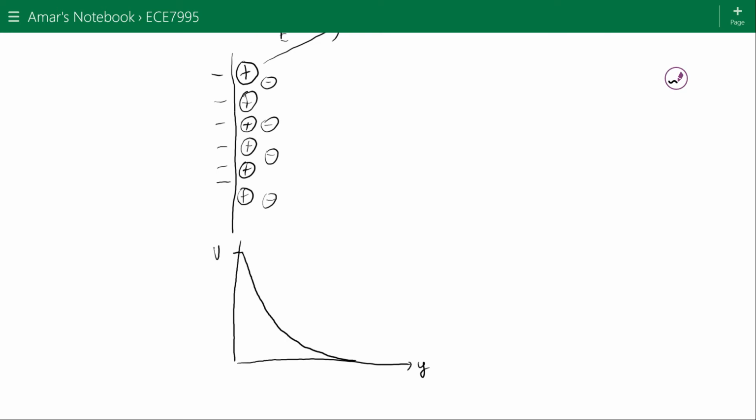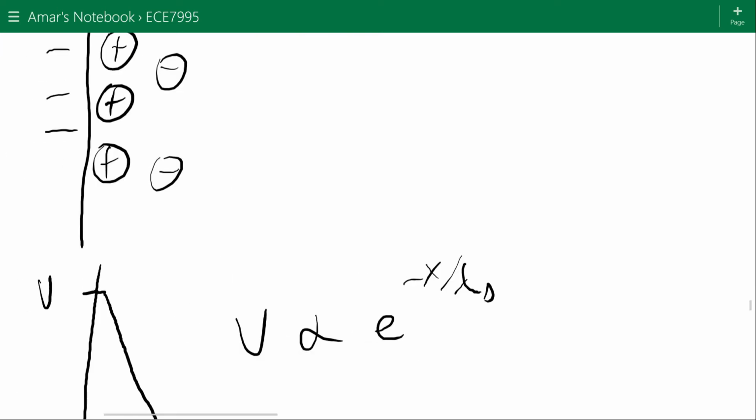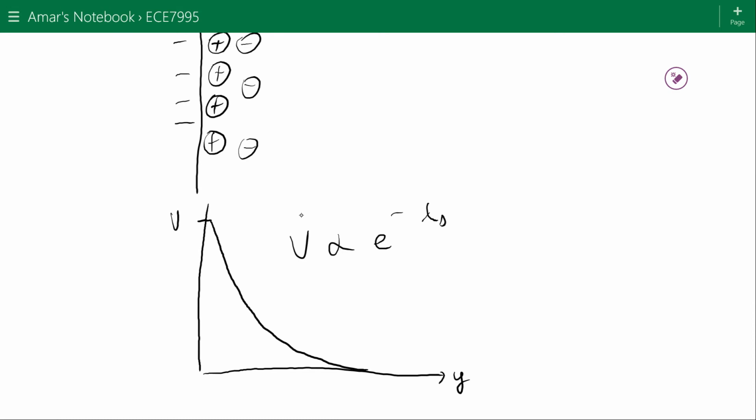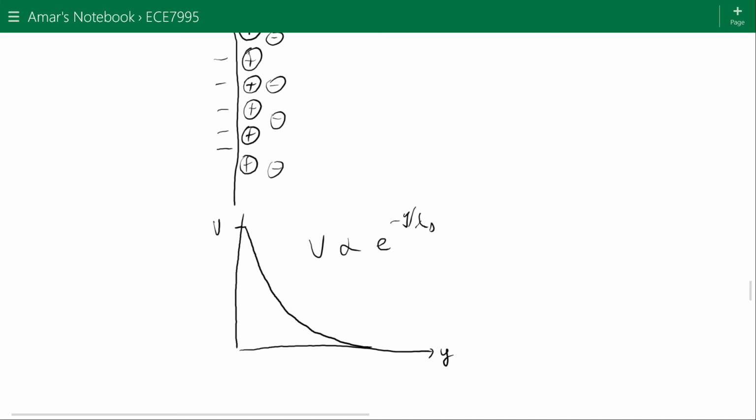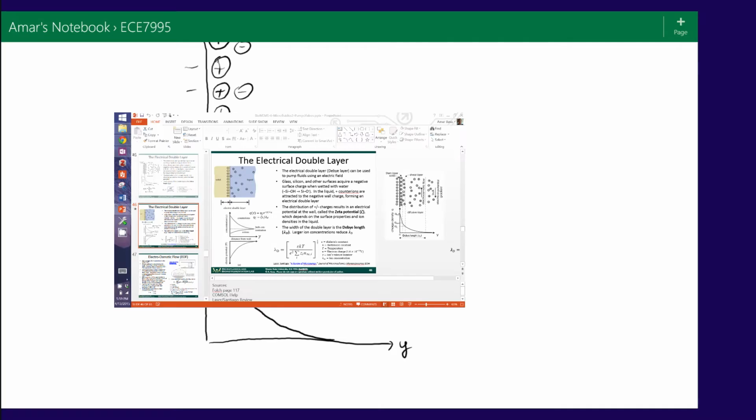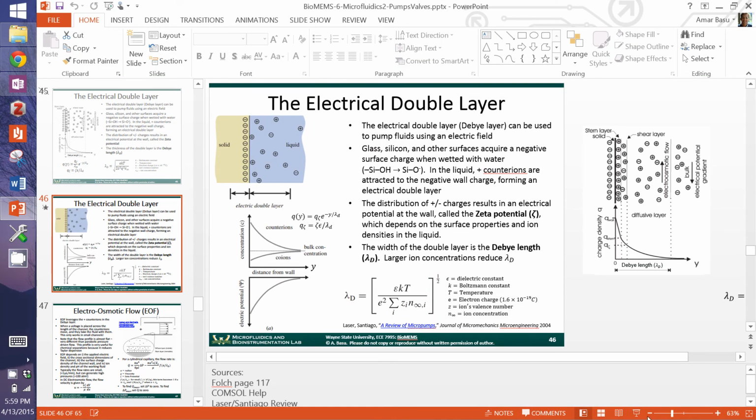The voltage is proportional to e to the negative y over lambda d. I'll come back to this in the next module. For now, let's just assume a qualitative idea here.